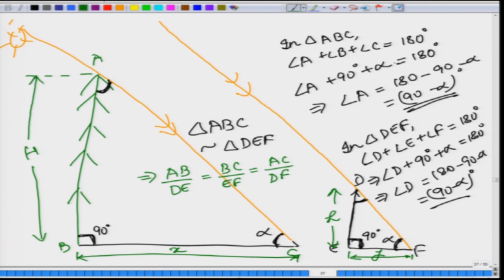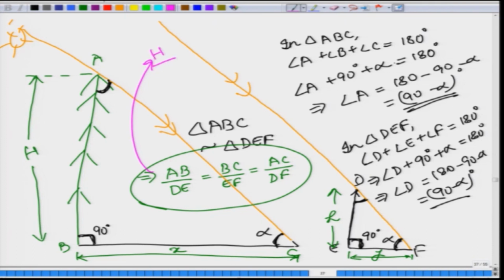Now, if we make use of this equation, what we will get is, AB is capital H, divided by DE, which is small h, is equal to BC, which is x, divided by EF, which is y. Now, we know the value of x, y and h.